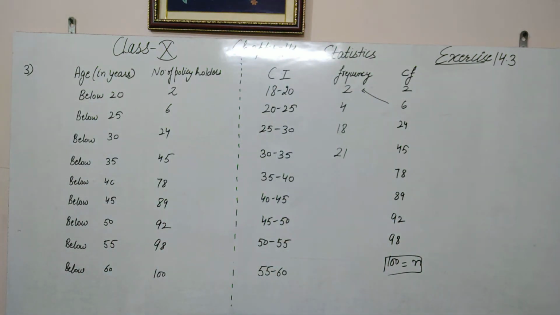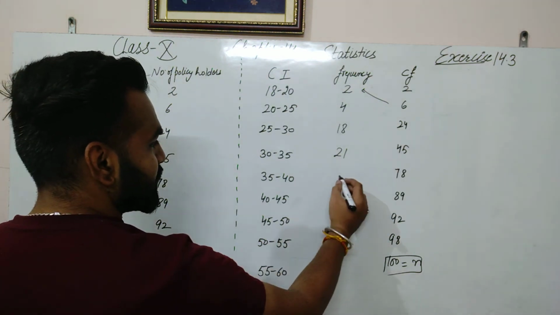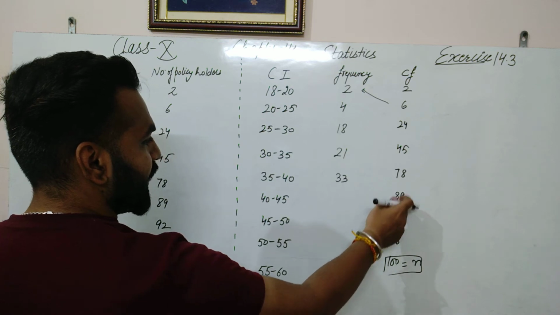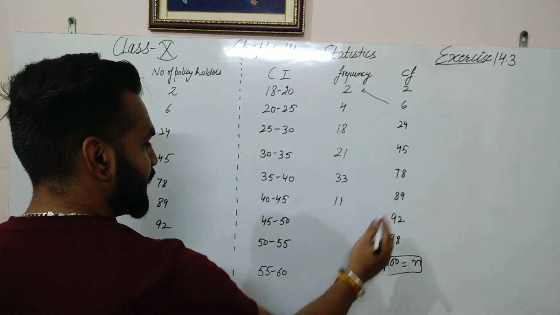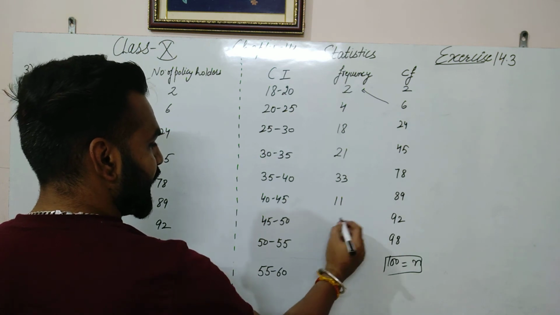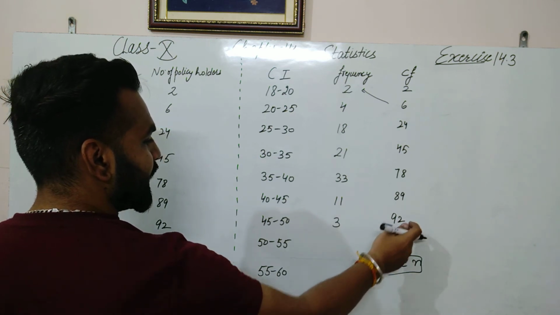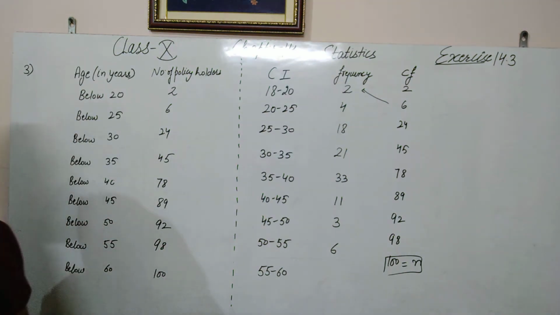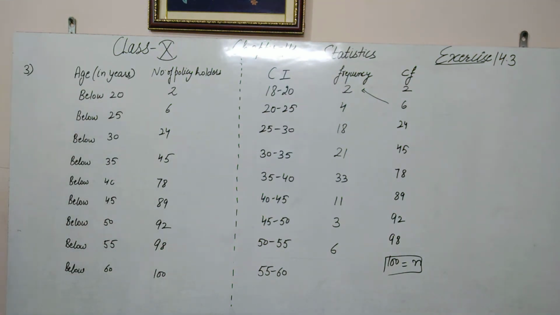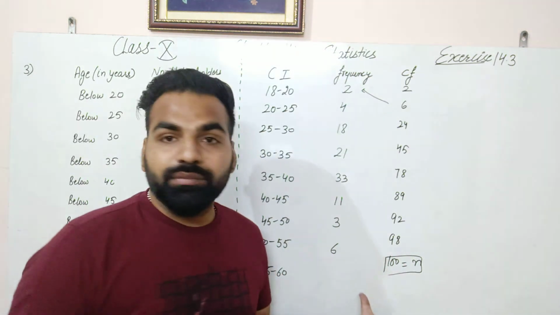So the rest of the values will be 78 minus 45, 33; 89 minus 78 is 11; 92 minus 89 is 3; and last, 98 minus 92 is 6. So basically these are the values of the frequencies. Now we know the value of all the frequencies and CFs here, so the table is completed now.